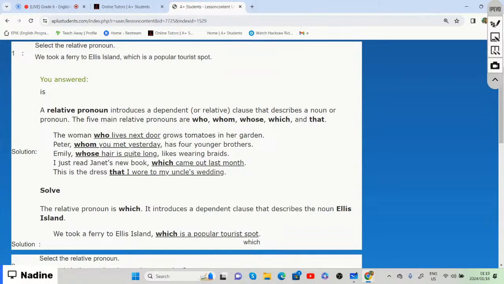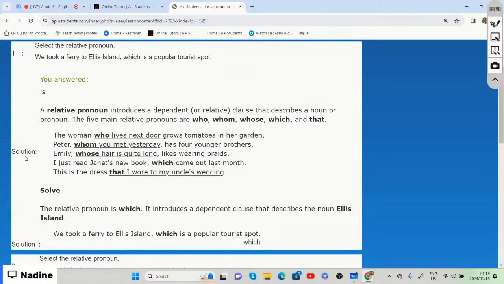So if we look at the examples, it says the woman who lives next door grows tomatoes in her garden.